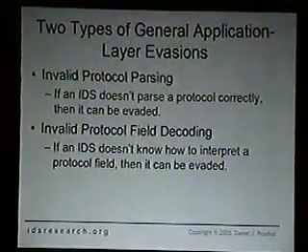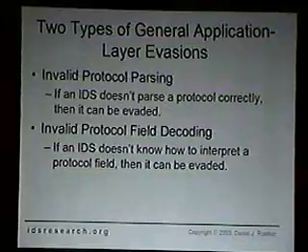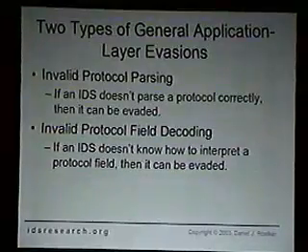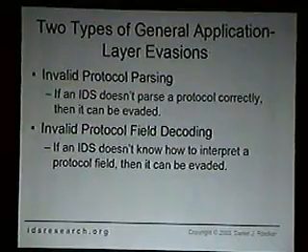So now we're going to talk a little bit more about the two general types of application layer evading. Invalid protocol parsing. Like I said, that stems from Sidestep, and it really comes from the fact that most IDSs are not exactly pros in protocol analysis. What you do for this type of evasion is research an application protocol.